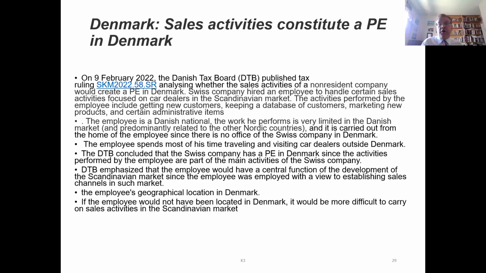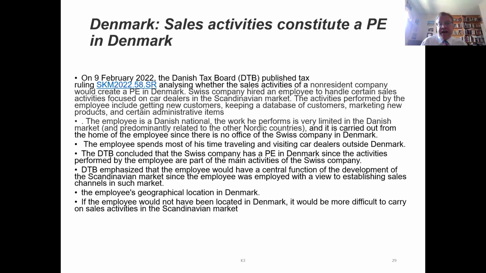Sales activity of a non-resident company would create a PE in Denmark. A Swiss company hired an employee to handle certain sales activities focused on car dealers in the Scandi market. The activities performed by the employee included getting new customers, keeping a database of customers, marketing new products, and certain administrative items.